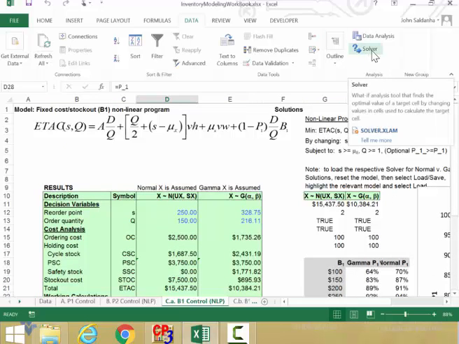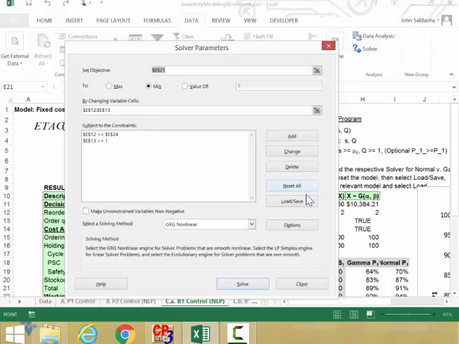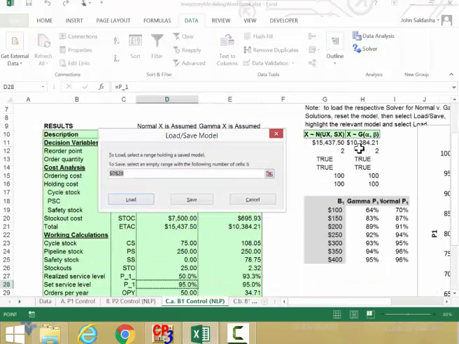So here what I've done is I've saved the solver values. So now I've got the gamma values that are set up, so I'm going to change it. I'm going to load the normal values.